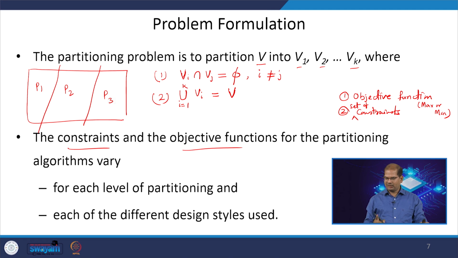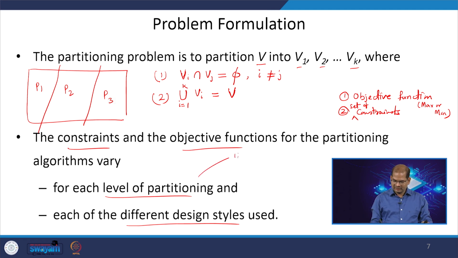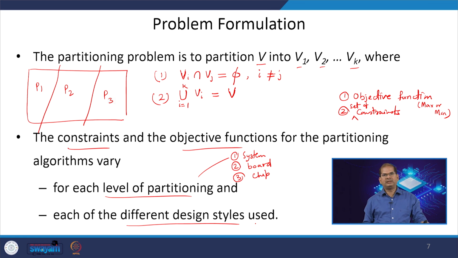The objective function and the set of constraints can be different depending upon different levels of partitioning and different design styles. The levels of partitioning are the system level, the board level, and the chip level. Based on the level of partitioning, your constraints will be different, and depending upon your design style, your objective function and constraints can also be different.